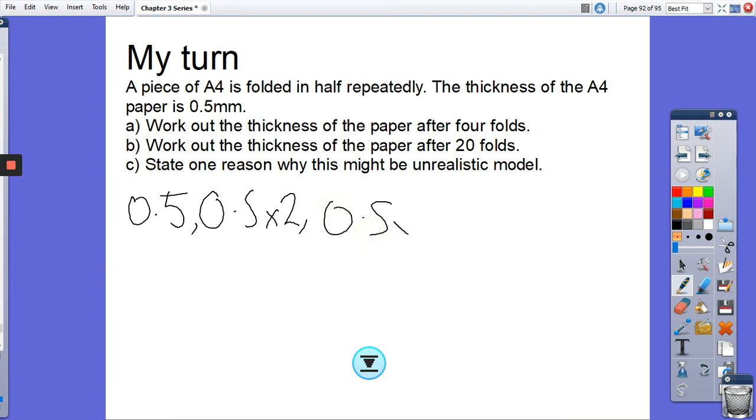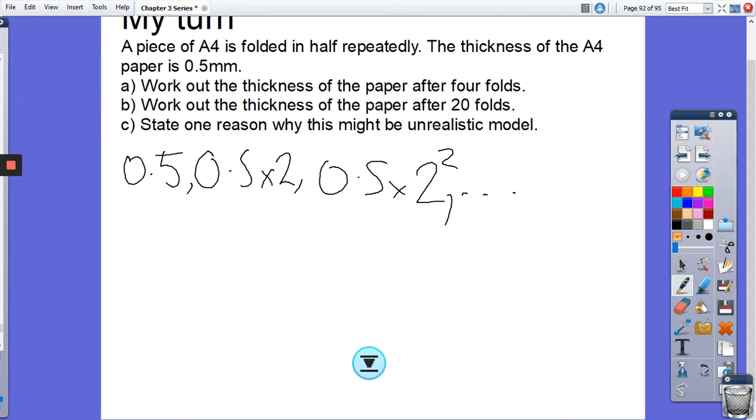So you're going to have 0.5 times 2 squared. You're going to have 4 bits of paper. And you're going to carry on like this. Each time you're folding, you're going to have double the number of pieces of paper as you had before, and each one is going to be 0.5 thick. So you've got to times it by 0.5.